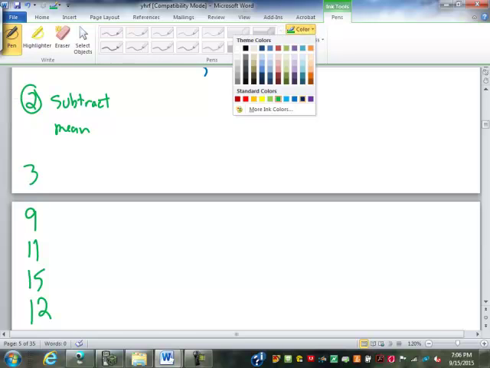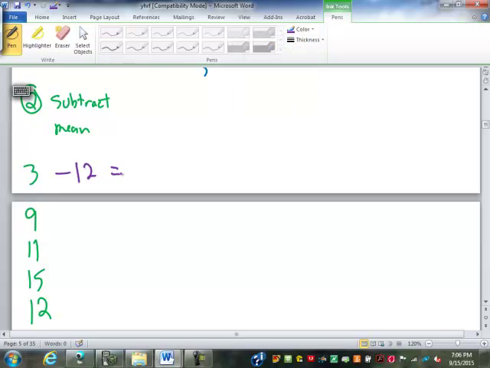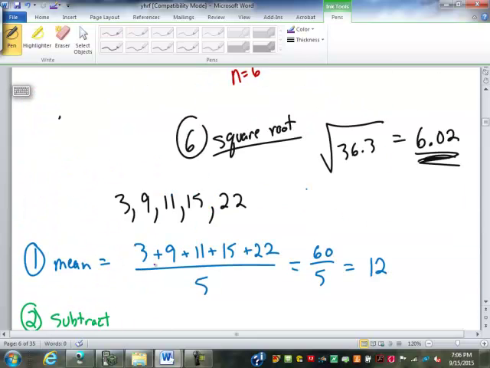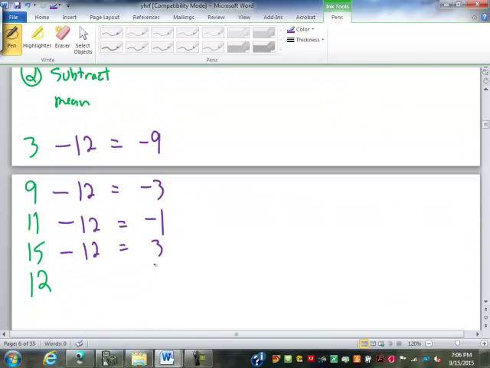From each of those, I have to subtract my mean of 12. 3 minus 12 is a negative 9. 9 minus 12, negative 3. 11 minus 12, negative 1. 15 minus 12 is 3. That should have been 22, not a 12. 22 minus 12 is 10. Now again, if I wanted to double check, what should this column add up to? 0. It would if you double check.